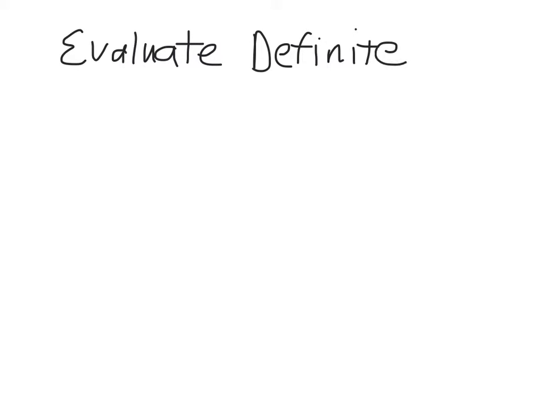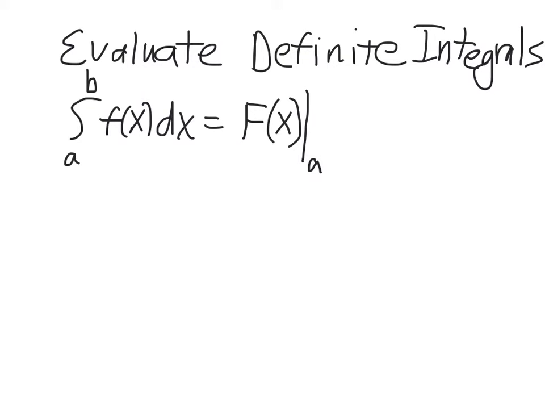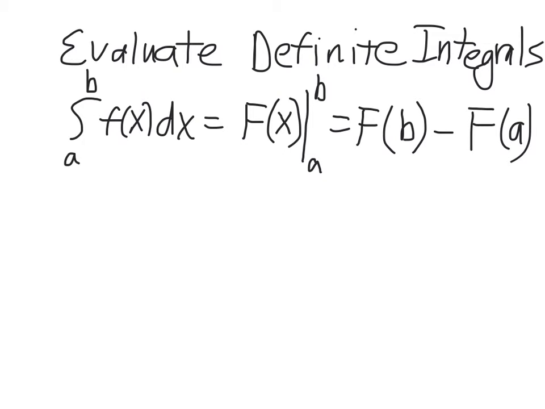So lots and lots of examples of evaluating definite integrals. And again, with the fundamental theorem, simply find your antiderivative and then evaluate it from a to b, which means evaluate F of b minus F of a, and there's your shortcut.